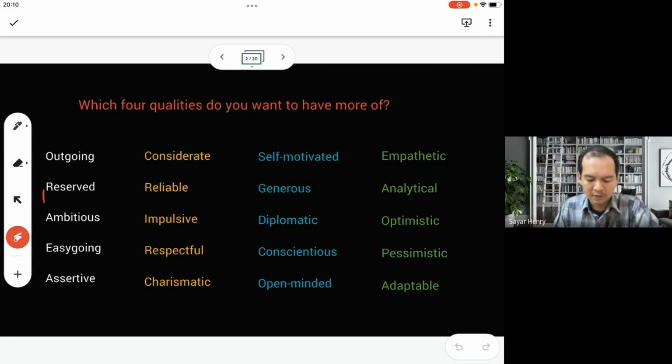Next one, reserved. What is the quality of being reserved? What do you think? When you say you are a reserved person or your friend is a reserved person, what does it mean?